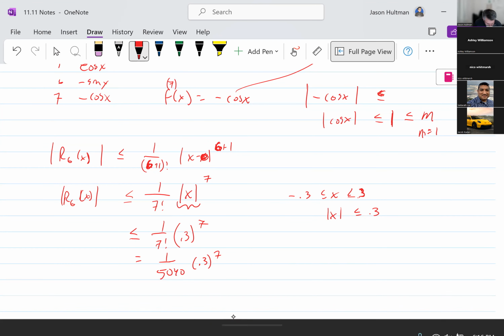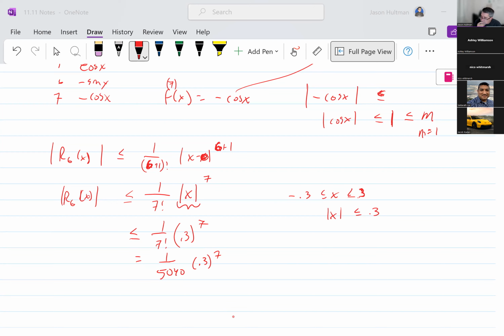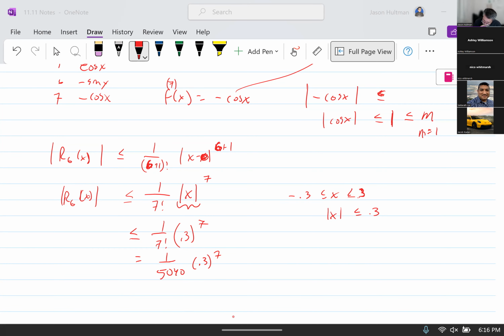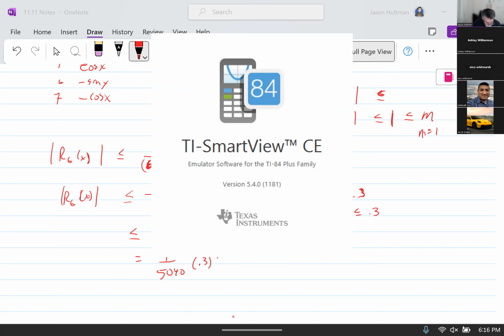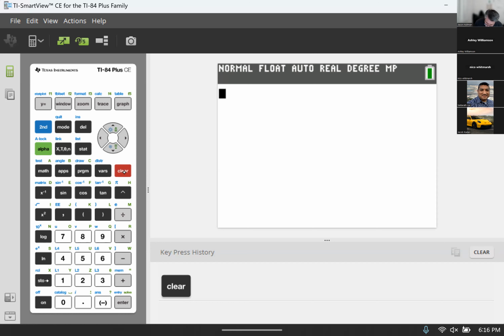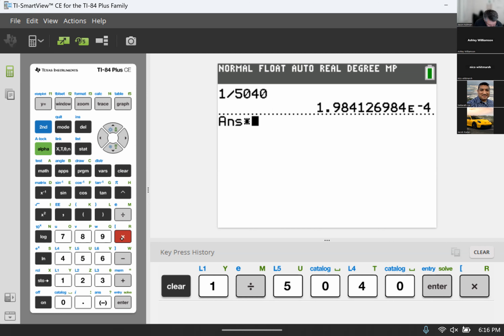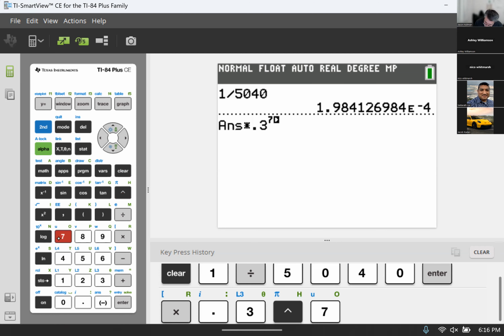So let's plug that into our calculator. Let's do 1 over 5040, enter that, times 0.3 raised to the 7th power.